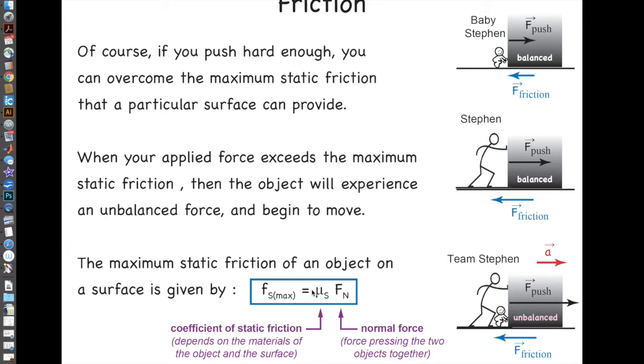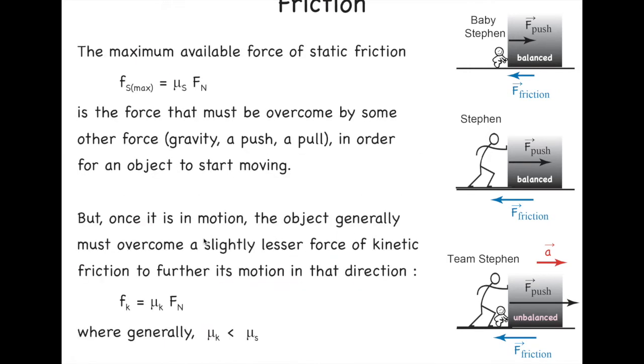It'll apply just enough, a lesser amount, to push back on the force and balance it until you hit the maximum available force of static friction. If a particular surface is only capable of supplying some maximum amount of static friction, after which that force is overcome by the other forces, whatever it is, the push or the pull, at that point the object will start moving.